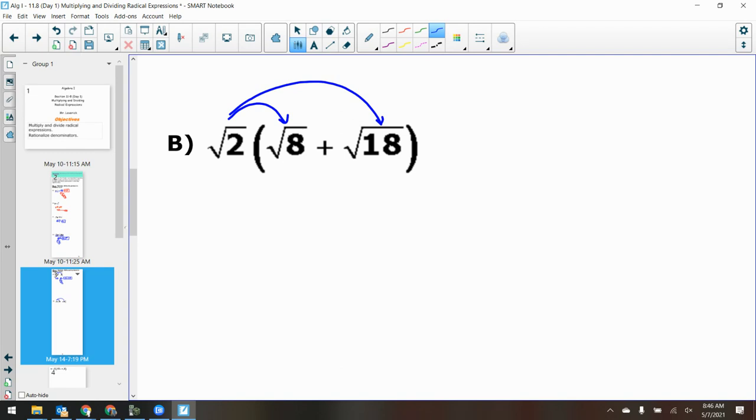So 2 times 8 gets us the radical 16. 2 times 18 gets us a radical 36. Now, do I need to do any sort of factor trees? No, those are both perfect squares. Square root of 16 is 4. The square root of 36 is 6, so I get 10.